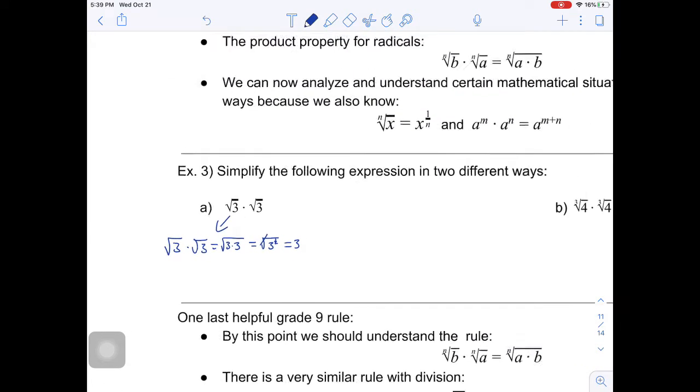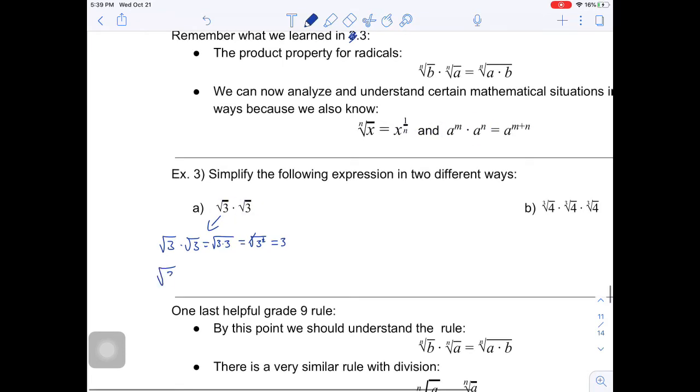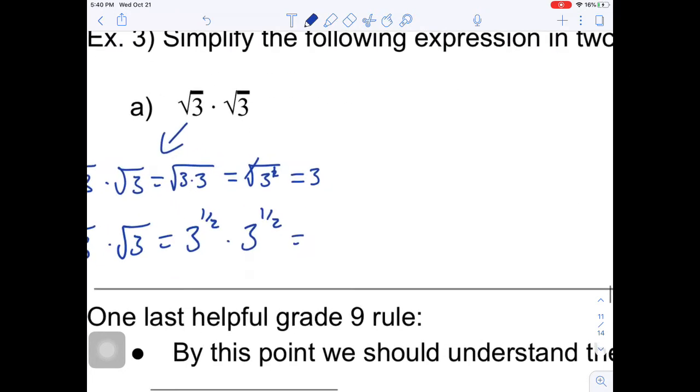Let's analyze it in another way. I'm going to analyze it by putting this in terms of fractional exponents, and then I'm going to add their exponents. So square root 3 times square root 3 equals 3 to the power of 1 over 2 multiplied by 3 to the power of 1 over 2. Recognize we have similar bases.